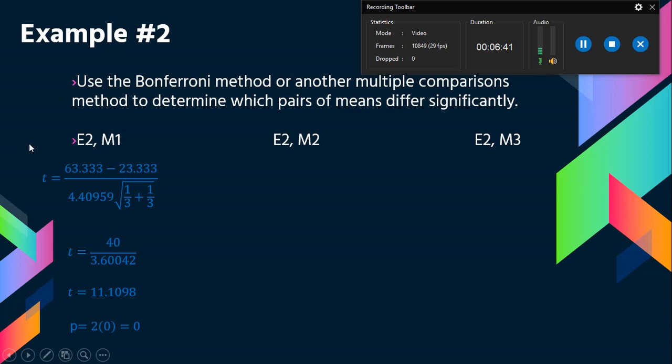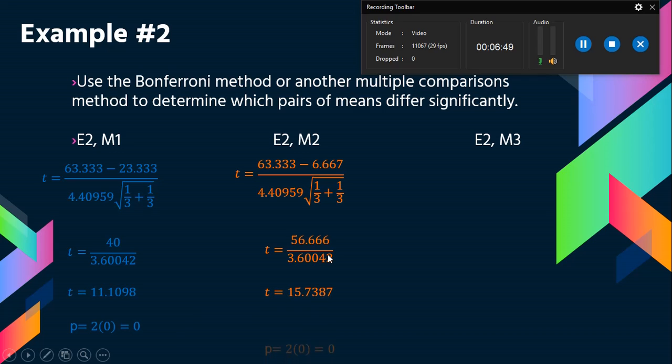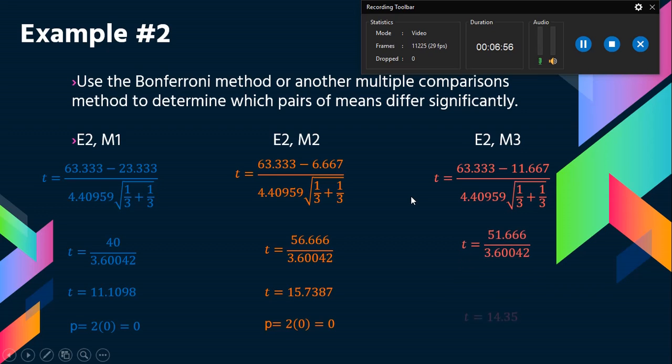Here's another case where it's significant, comparing extracellular to inert. Another significant test. And another significant test. All three of these were extracellular versus inert.